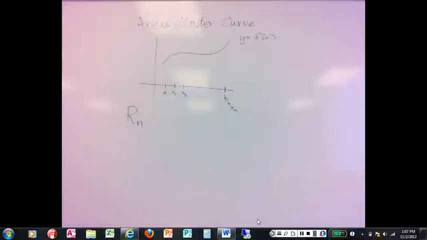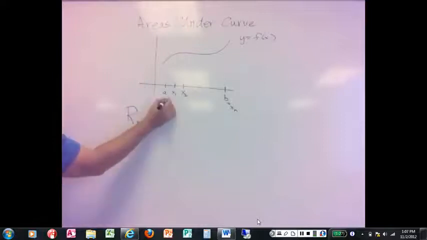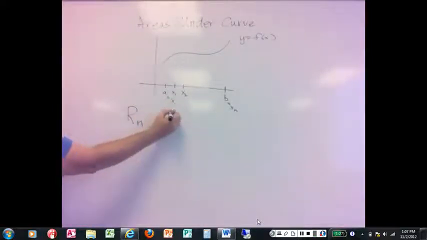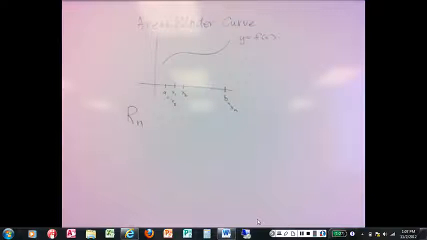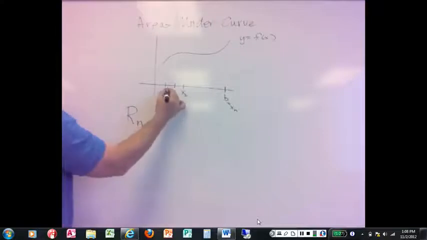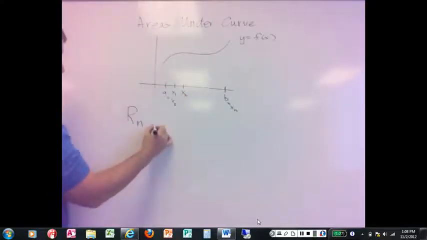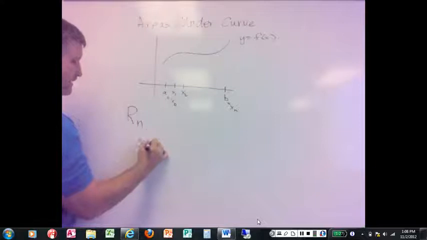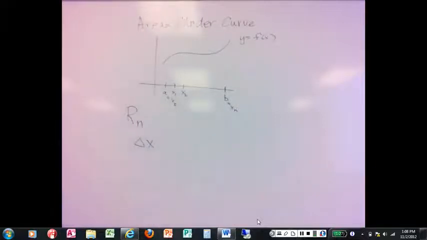Now, the other interesting note is, what about A? If I called it some type of x, what would I call it? X sub 0, yeah. So the endpoints are x sub 0 and x sub n. We usually do refer to them as A and B. Now, the other thing about these subintervals, I mentioned a while ago the width of each rectangle.